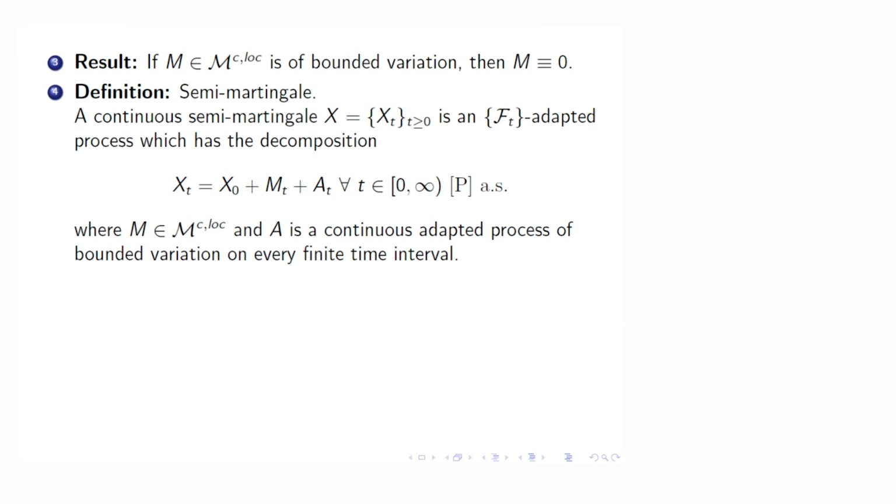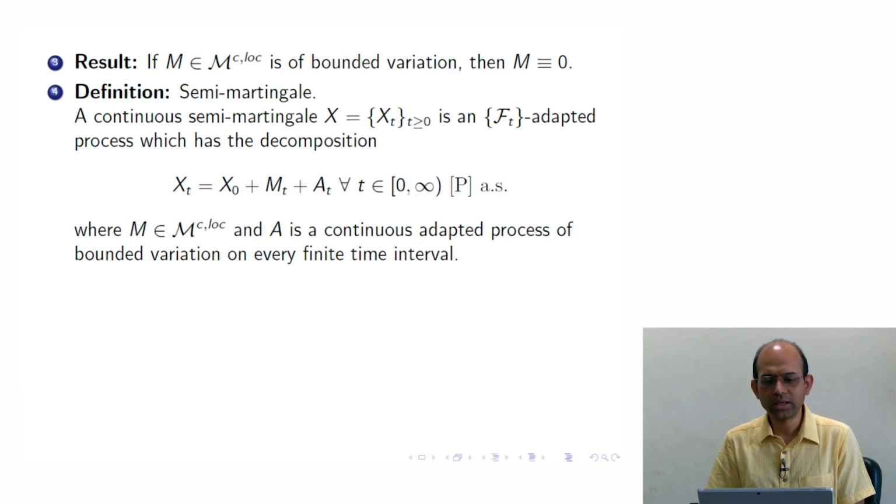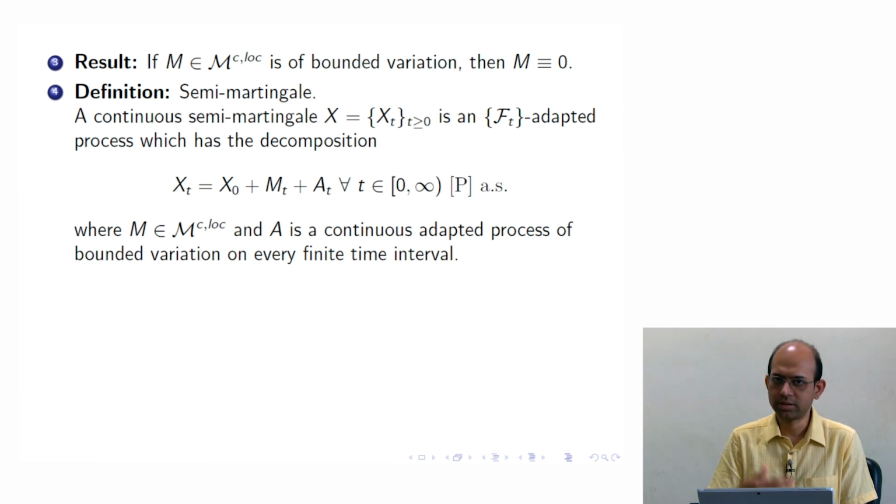So, bounded variation on finite intervals. This is a semimartingale. We are going to use this term quite frequently in this lecture and the next one or two, because this is the more general process we are going to discuss.